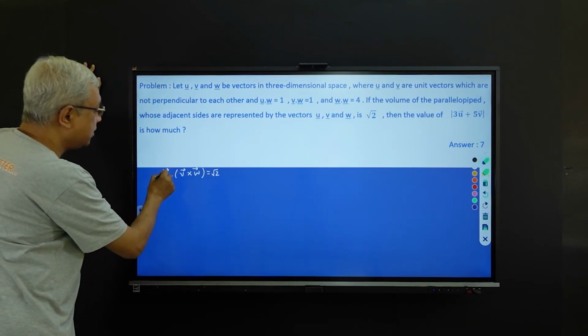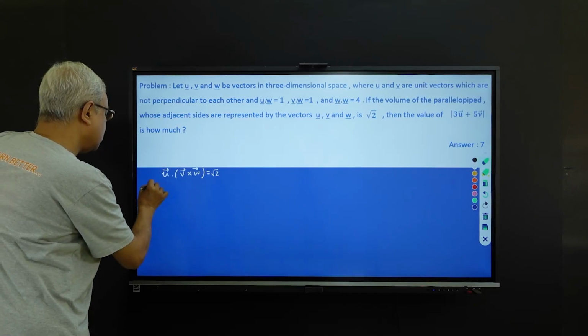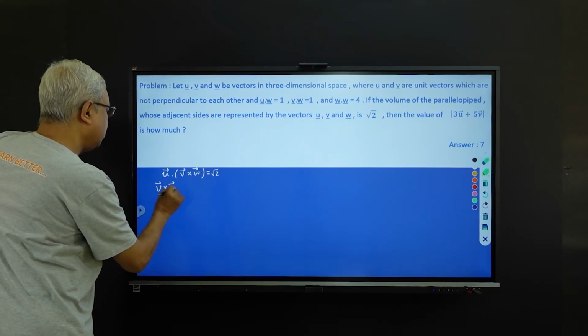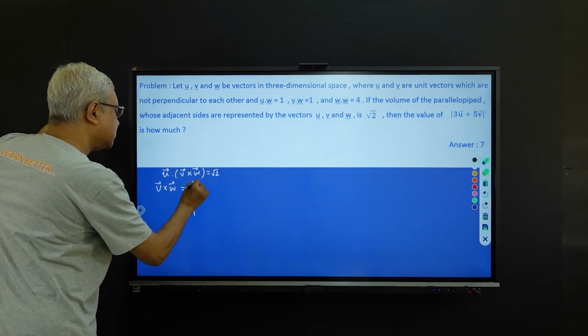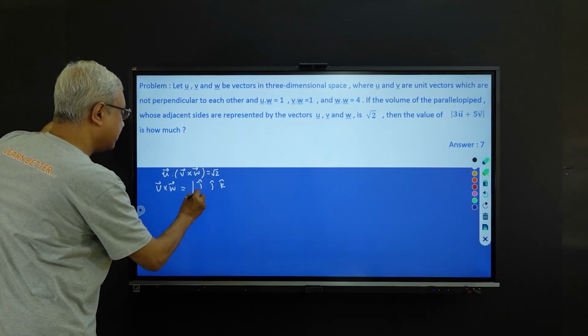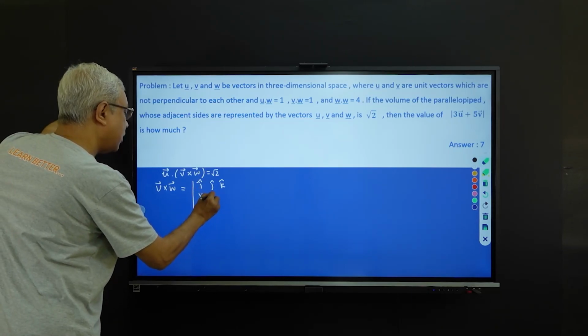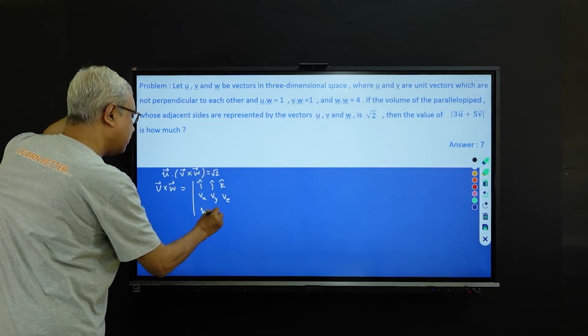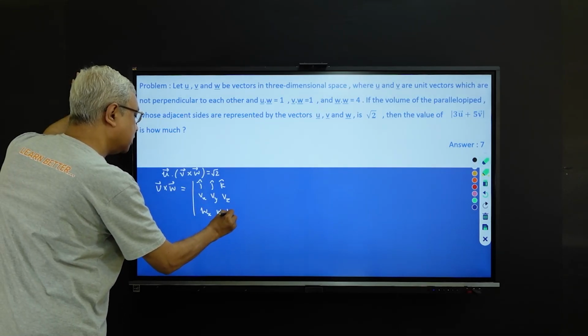Now you know U dot V cross W. Let me first write V cross W. I can write it is I, J, K, Vx, Vy, Vz, Wx, Wy, Wz.